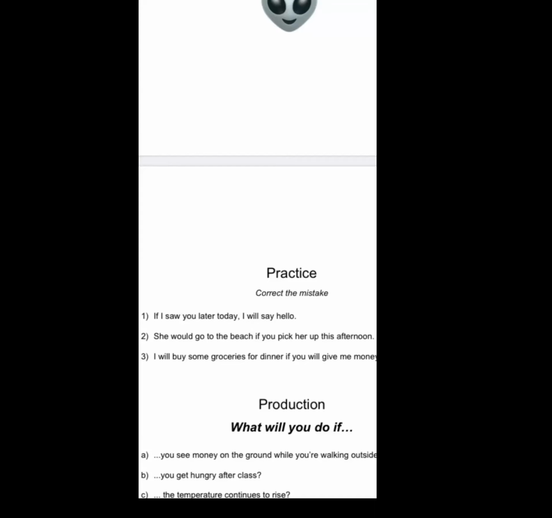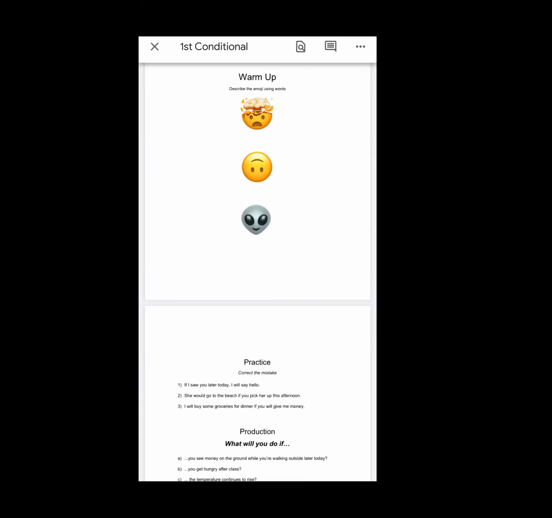Because saw is a verb in past tense. And the sentence is talking about something that is making or to do in the present.